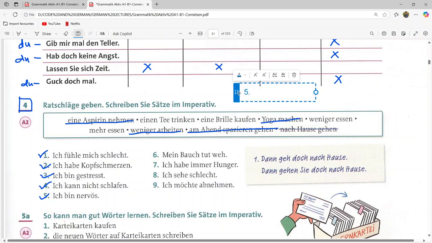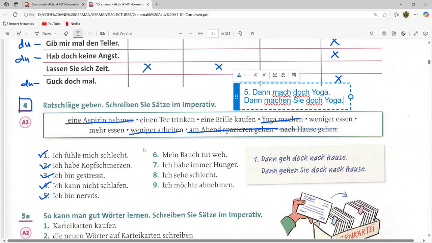In the du form, like this, "dann" the verb is machen, so "Dann mach doch Yoga." In the Sie form, "Dann machen Sie doch Yoga."